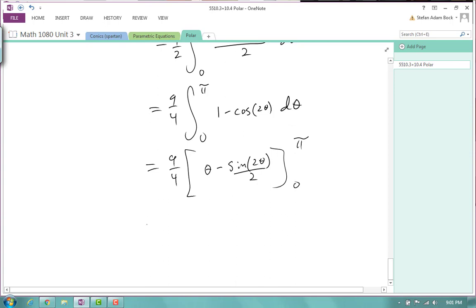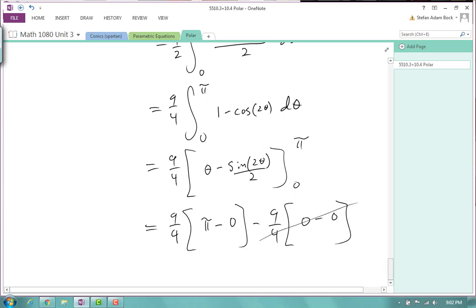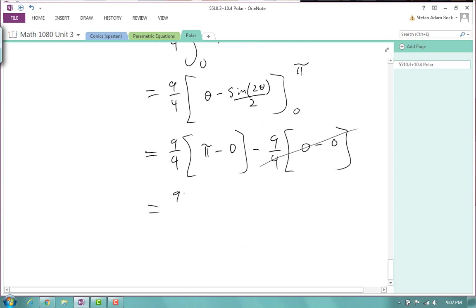When I evaluate this, I get 9/4 times pi minus sine of 2 pi, which is 0, minus 0 minus sine of 0, which is 0. So this cancels off completely, and I get 9 pi over 4, which is exactly what I was expecting to get, seeing as how the thing I drew was a circle.